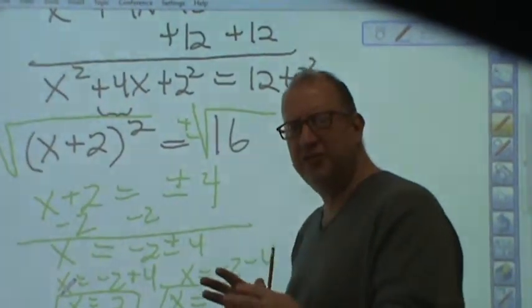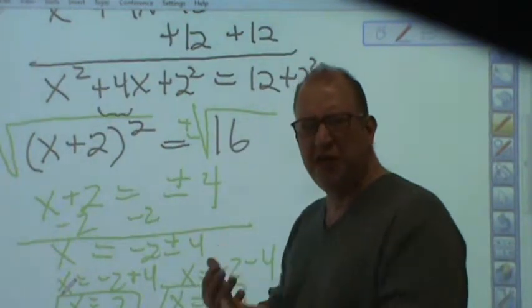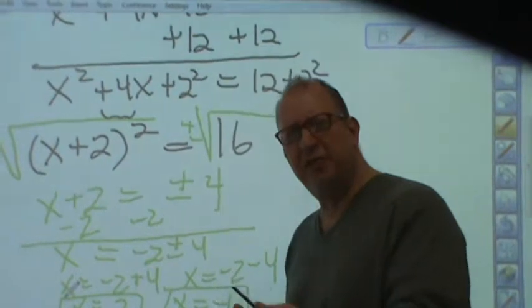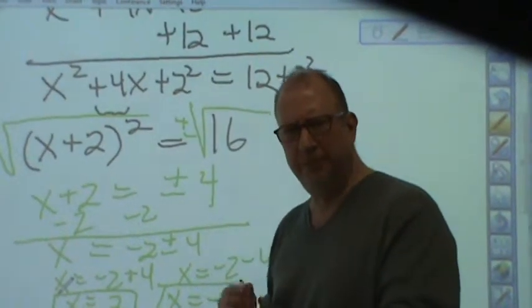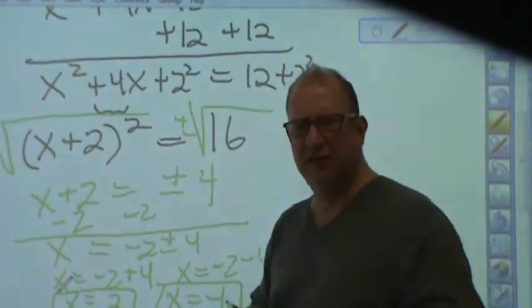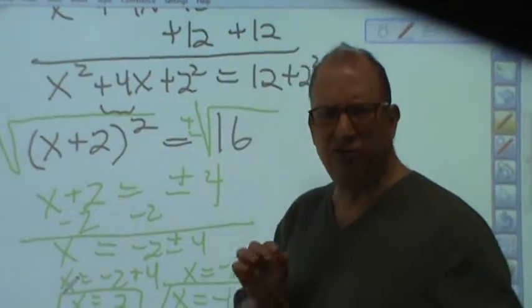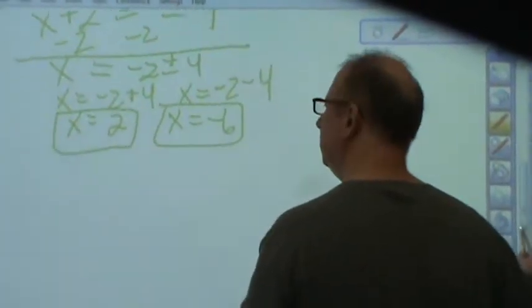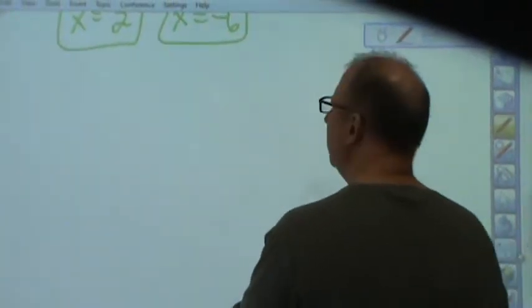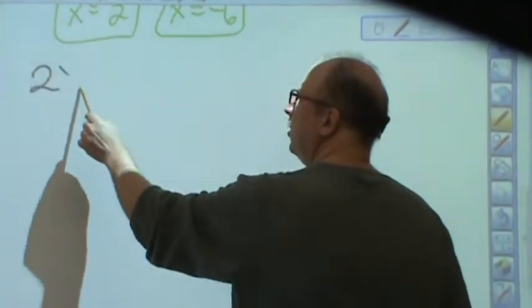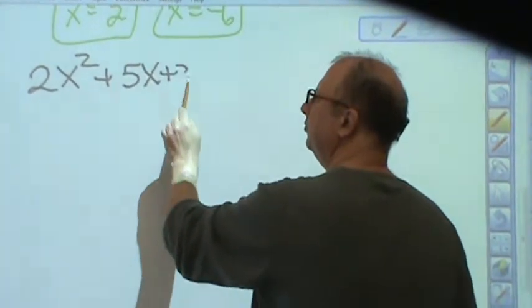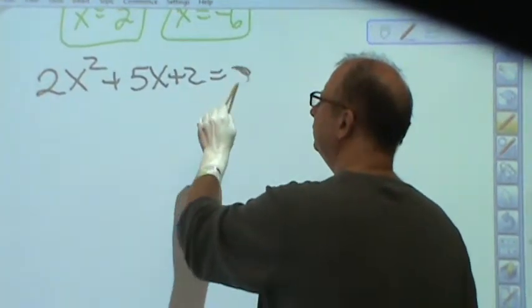Why did I show this to you in this way? Because we're taking something that we know and we're going to develop something that we don't know later on. Let's do it again. Another example, but now let's make it a bit more complicated. Let's say the example was 2x squared plus 5x plus 2 equals 0.